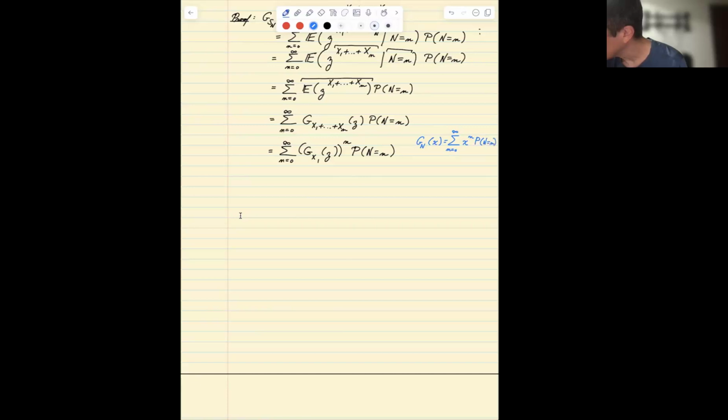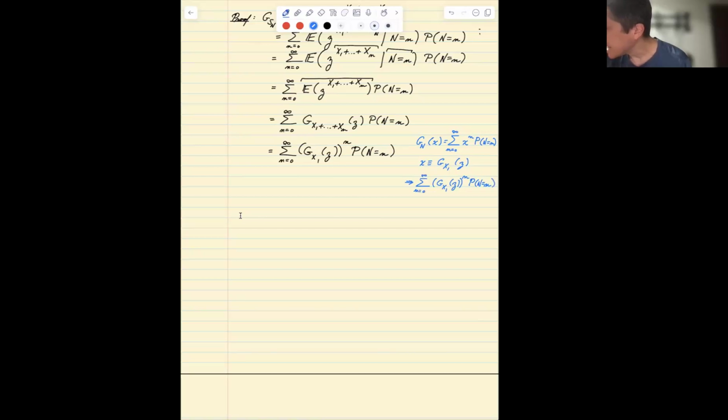Okay. So now if I substitute x in, it looks like a complicated thing to do. But if I set x equal to the generating function of X1 at z, what do I get? I get exactly, plug this in for x, so that gets raised to the power n, and I have my probability.